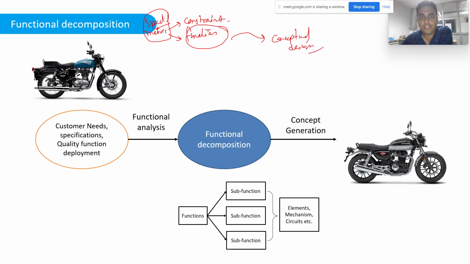Constraints we consider as a checkpoint, to make sure you choose a particular material or component in order to achieve the constraint. However, functions we decide based on the requirements.